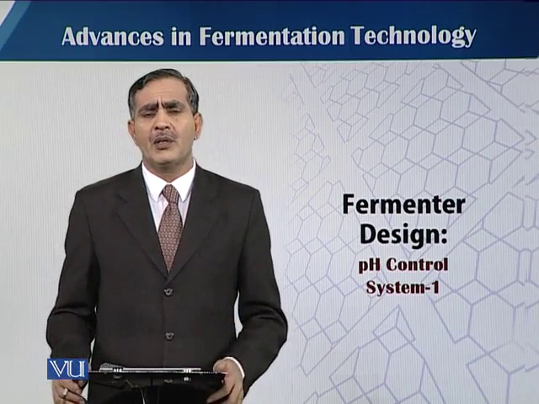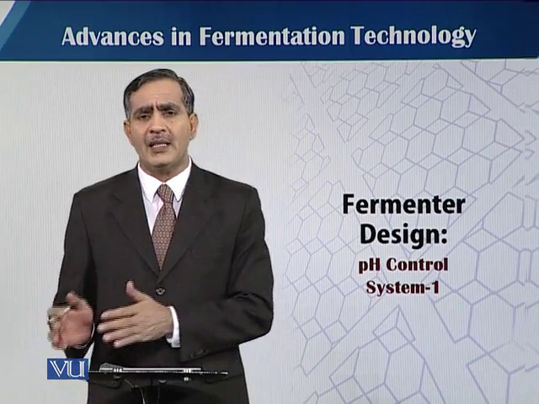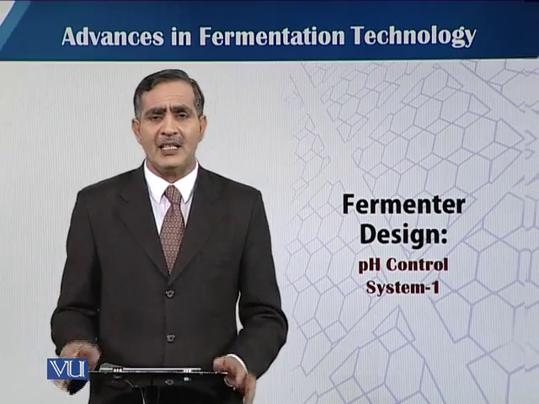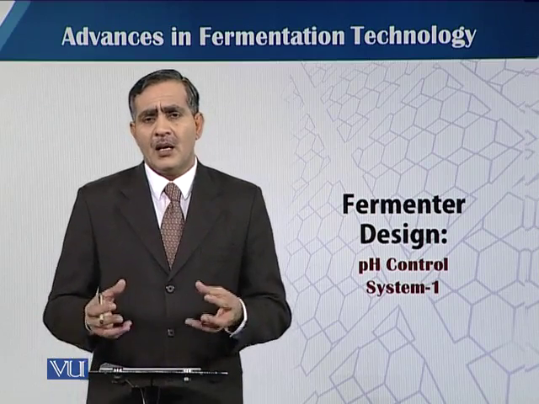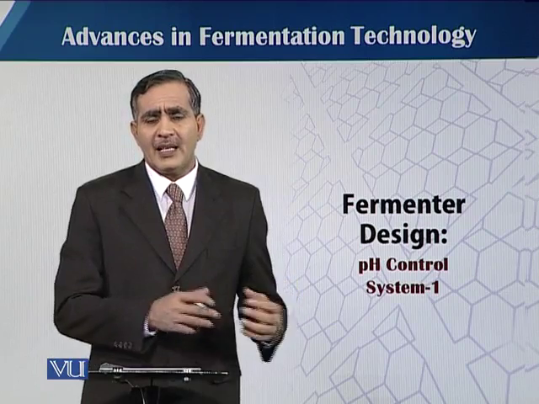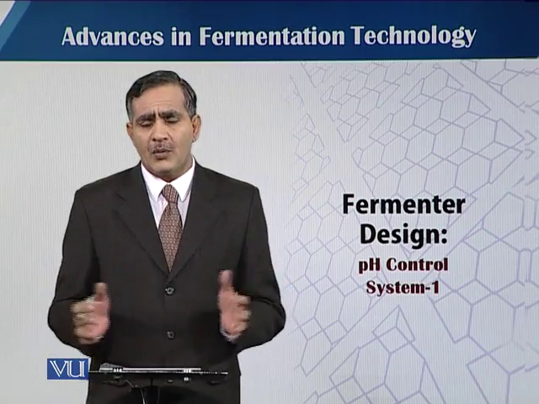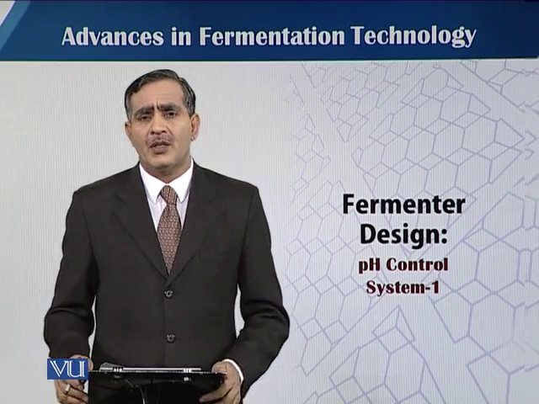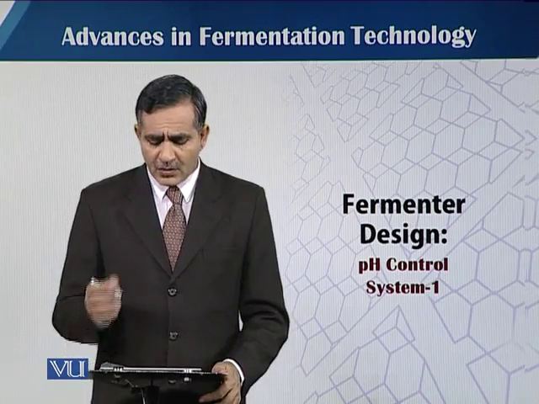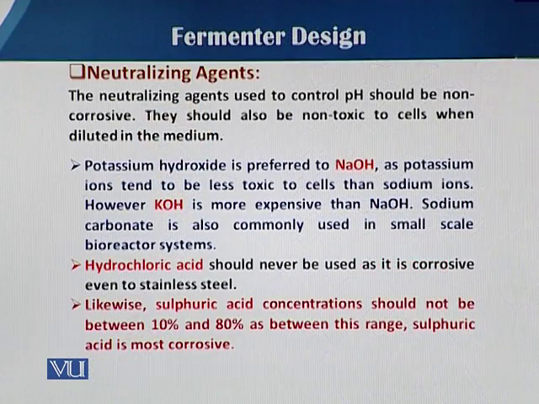Normally, when we want to control the pH, we have to use either an alkali agent or an acid agent. So the total system should be controlled with alkali and acid. pH is very critical. Now, what are the agents which can be utilized as a neutralizing agent?